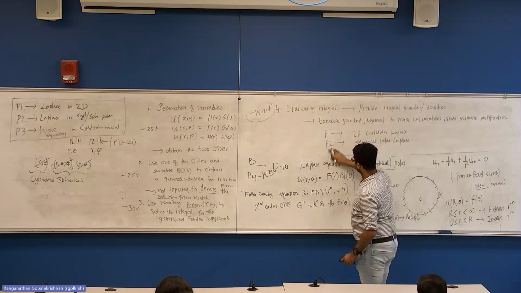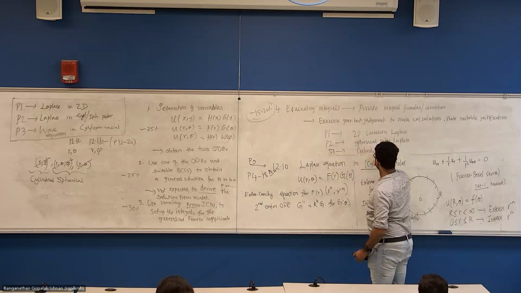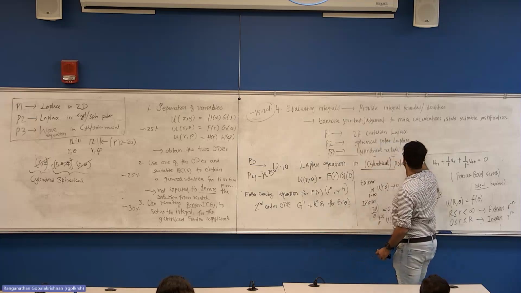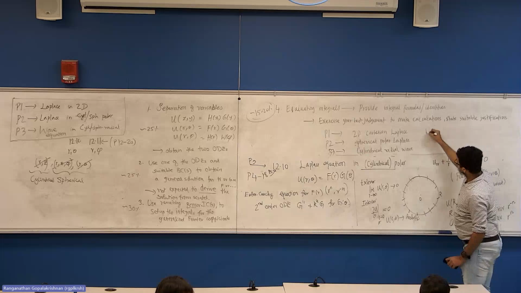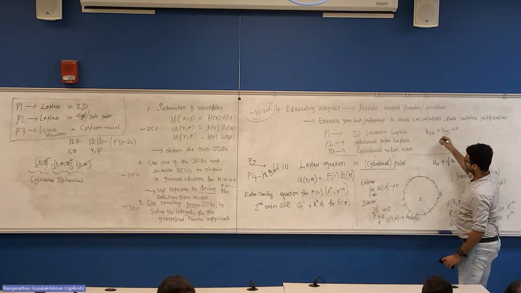Problem 3, cylindrical radial wave equation. So this is u_xx plus u_yy equal to 0.